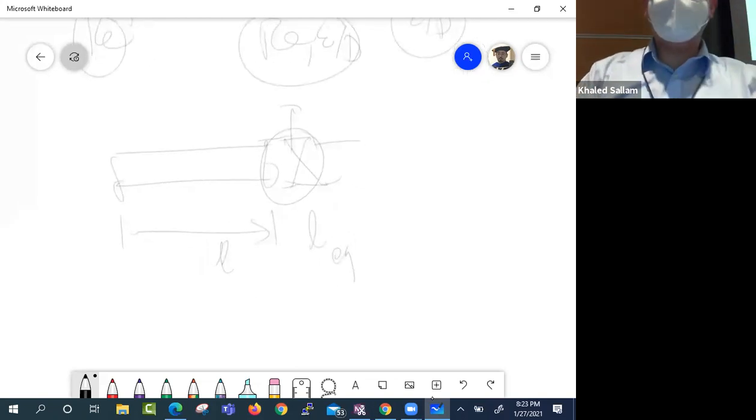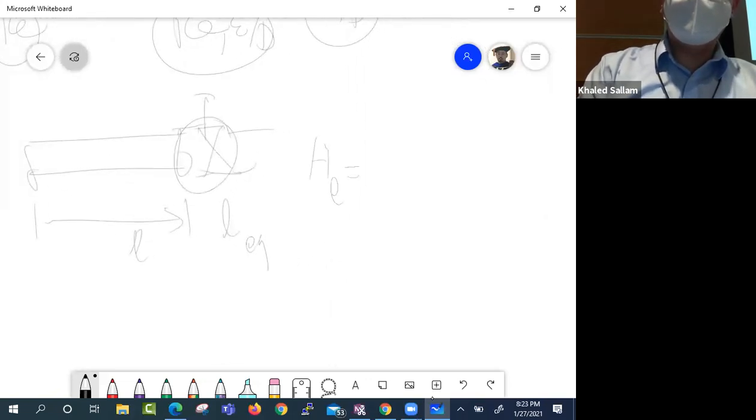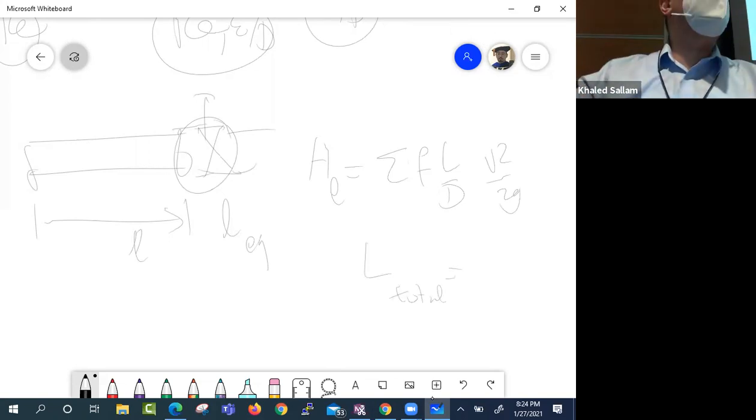So that's really nice because then h loss becomes just sigma f L over D times V squared over 2g, where that L total is basically all the pipe plus all the fittings in equivalent lengths.